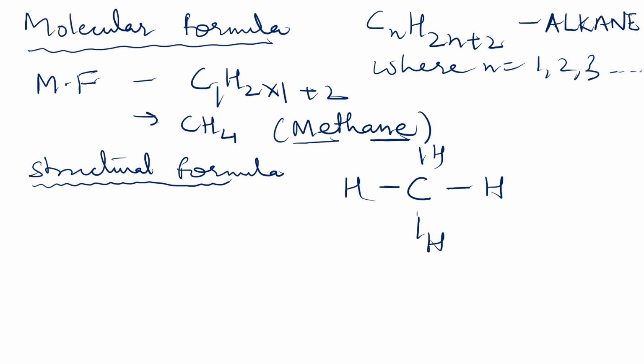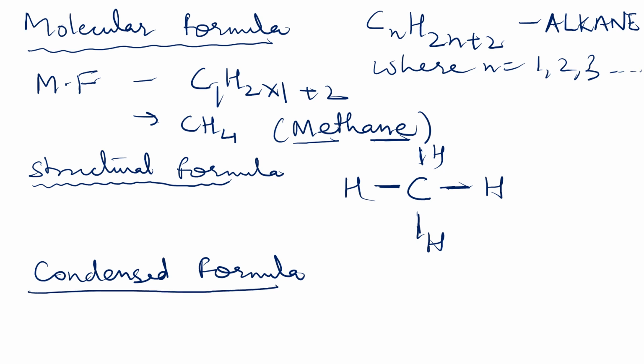This type of structure, where we are showing the bonds between carbon and hydrogen, is known as structural formula. Then if I want to write its condensed formula, in the case of methane, condensed formula and molecular formula are the same. You are not showing the bonds, but there are bonds between carbon and hydrogen. So we just write CH4.